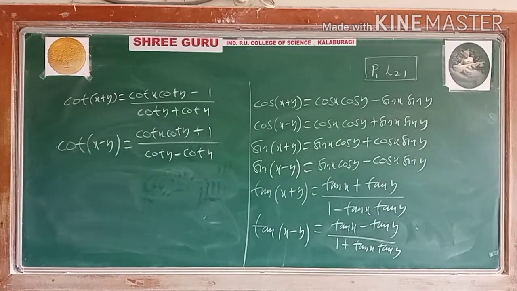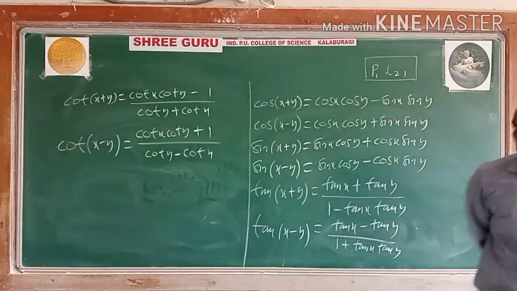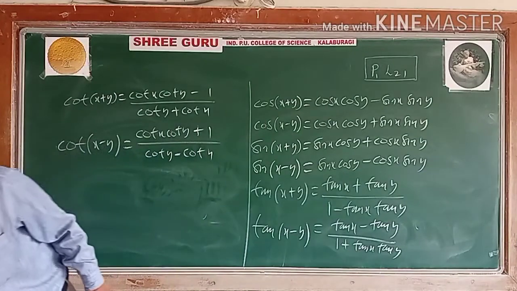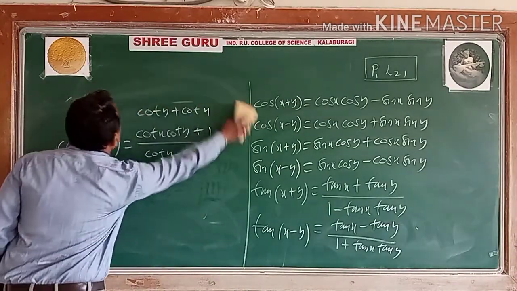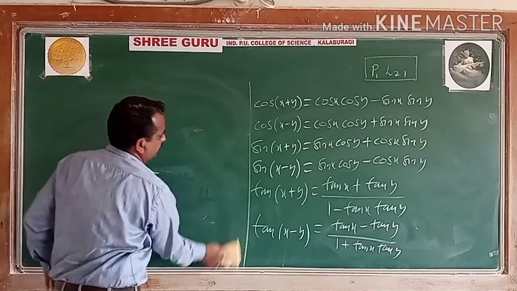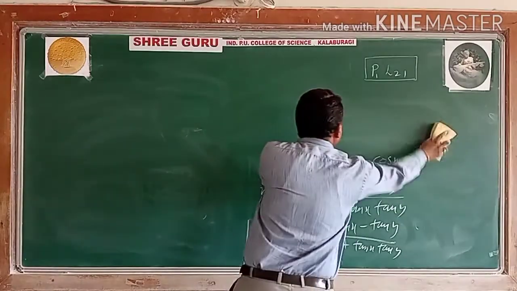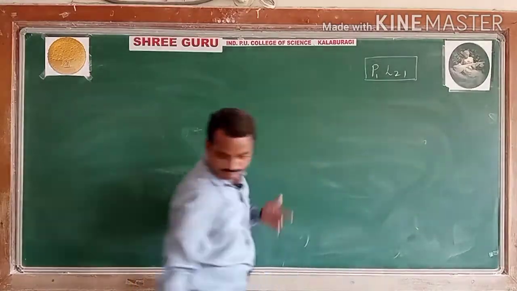So these formulas we have calculated in today's class, students. Let us go for one more formula, the sin of 2x formula. Let us see how you get the sin of 2x formula. 2x is a multiple angle, while this was the sum and difference angles.